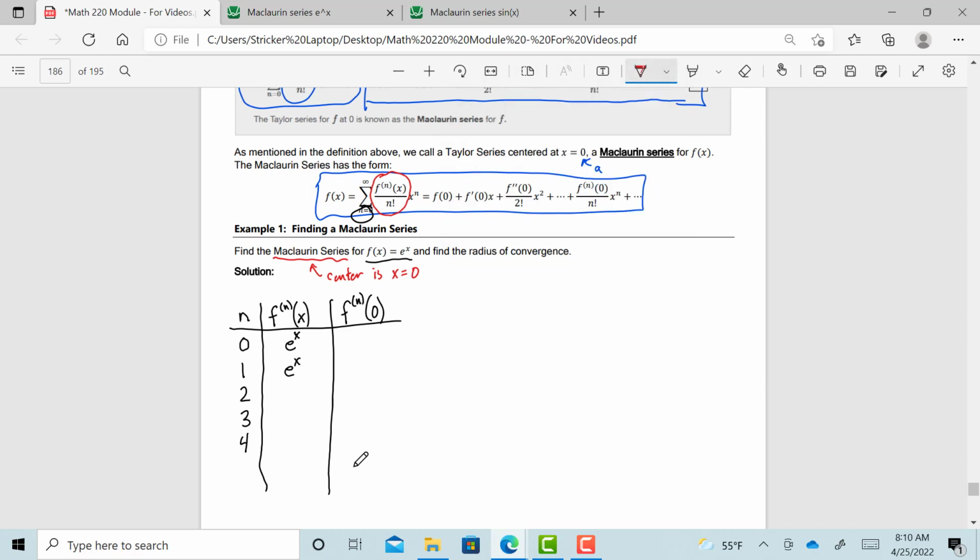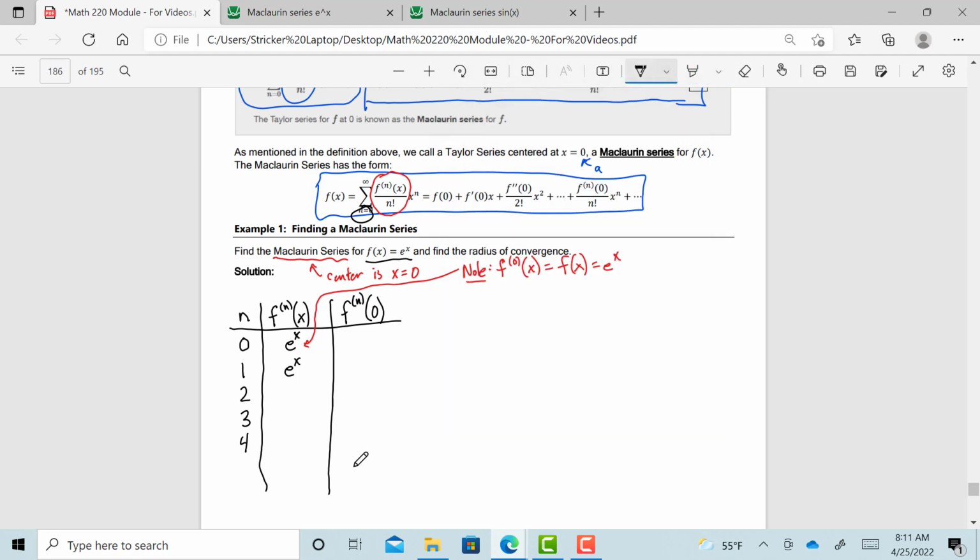Better make a notation of this. Just so you know, why don't we make a little note here. Note: this notation means f of x, which in this case is e to the x. All right, cool. So hopefully that makes sense.